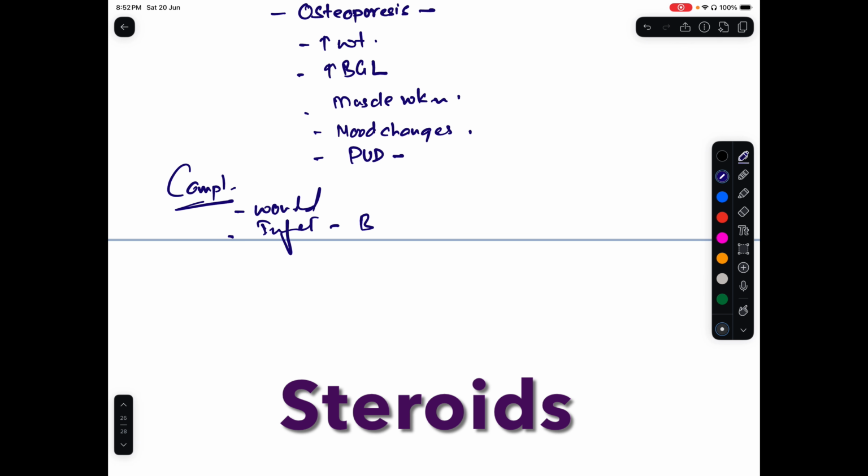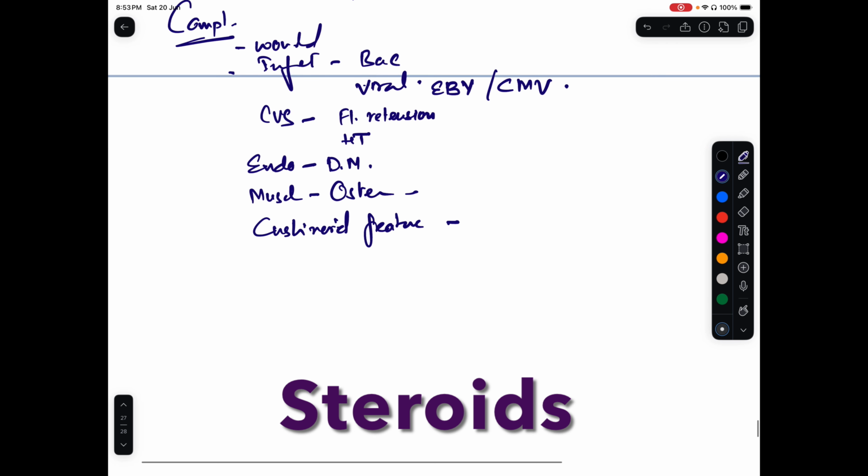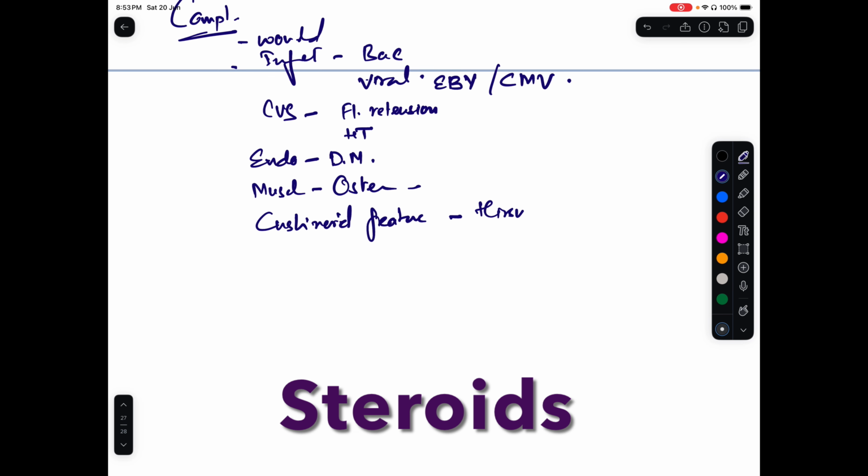Infections, bacterial, viral, Epstein-Barr virus, cytomegalovirus. Cardiovascular system may show fluid retention or hypertension. Endocrine may lead to diabetes mellitus, and muscle, it causes osteoporosis, muscle weakness. Cushingoid features, so moon face, puffiness and all that can be seen. Hirsutism can be seen, and stria.